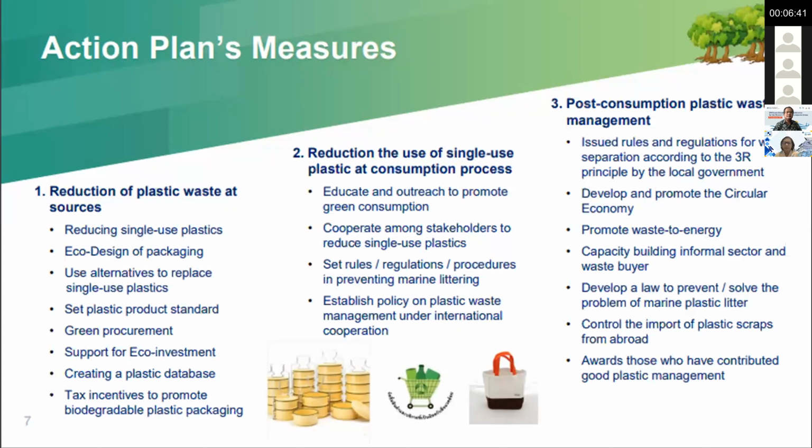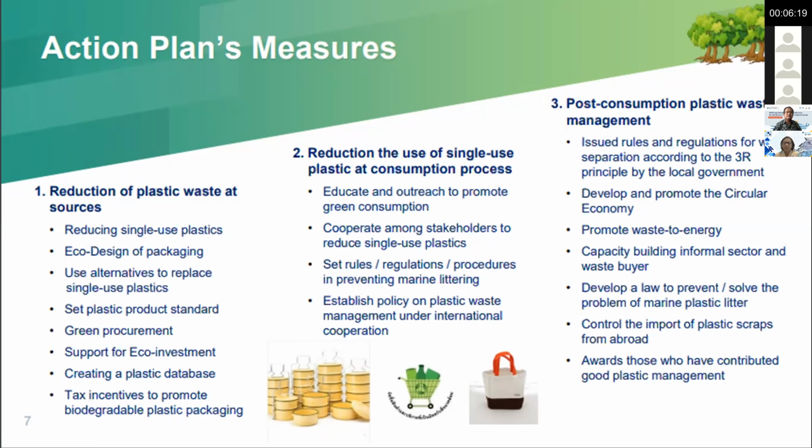The mitigation measures include, first, the reduction of plastic at source, such as eco-design and design for recycling, for example, banning and reducing single-use plastic. And last but not least is post-consumption plastic waste management.